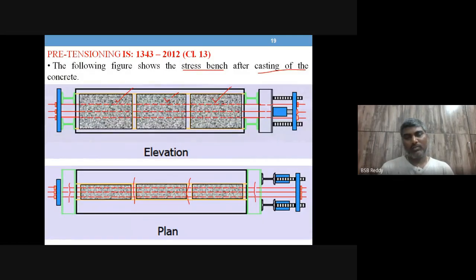So in today's session, we have talked about two things. One is Hoyer's system, which is nothing but a pre-tensioning system only. Okay, what is the pre-tensioning system available for bulk preparation of members in pre-tensioning?